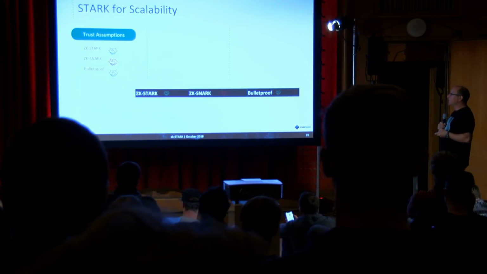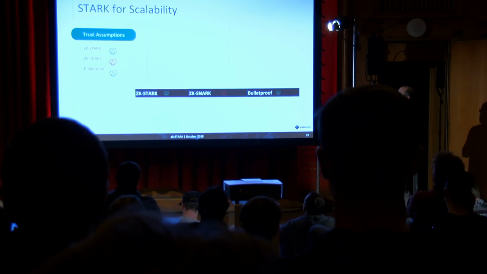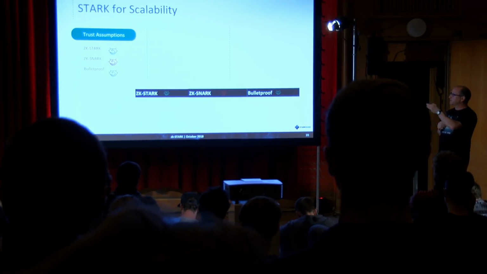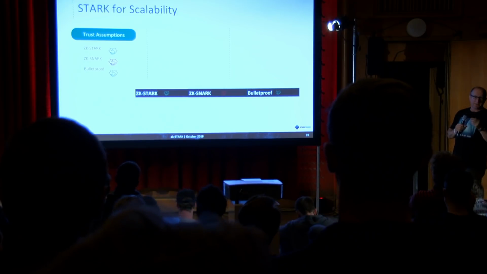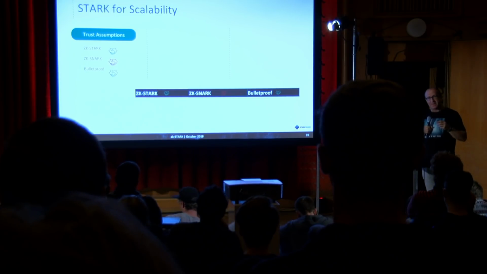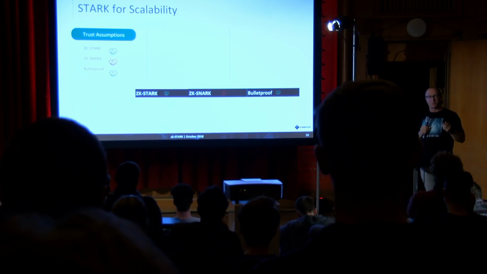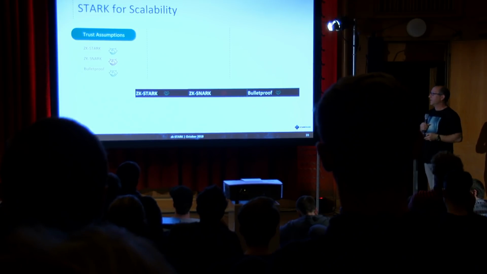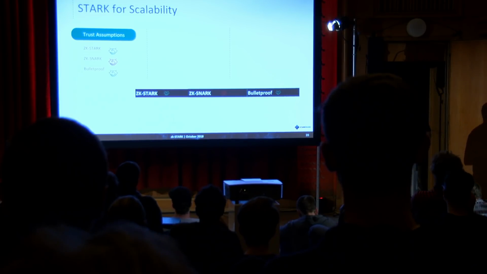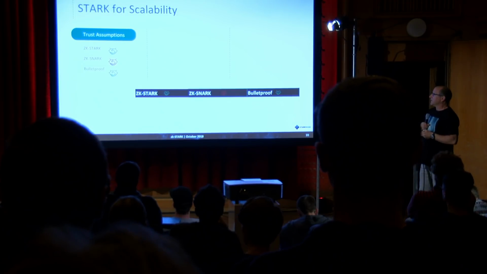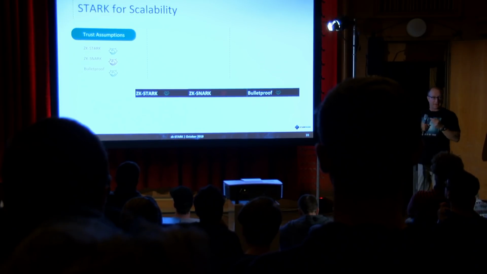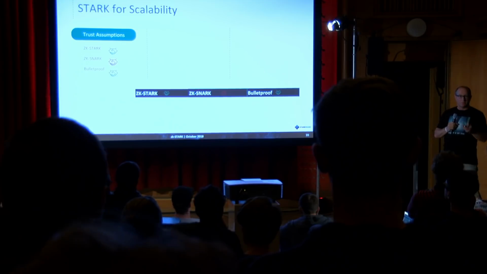So I just want to summarize again the virtues of Starks for things like scalability. And I have here a Stark, a Snark, and Bulletproof. Again, there are many other implementations and approaches out there, and there will be more. So I'm just talking about these because they're rather popular, and they are actually deployed in blockchains. So Bulletproofs and Starks don't have any trust assumptions, meaning they don't require trusted setup.